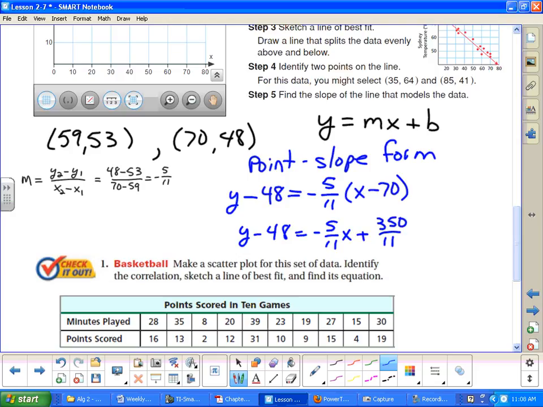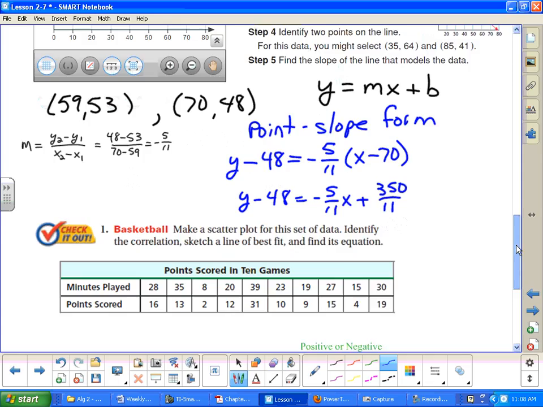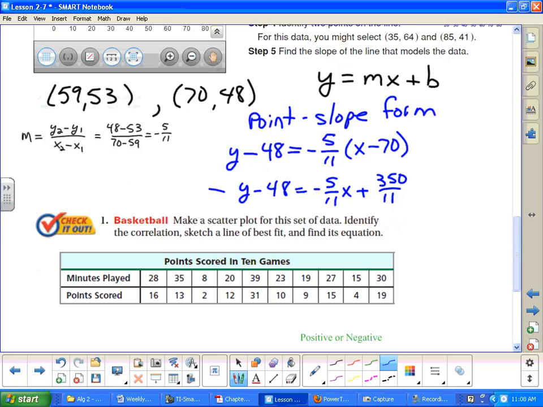Okay. So I'll take my work over here then. So we need to do what now? Okay, add 48 to both sides. So we get y equals negative 5/11 x plus, and our calculator will do that for us if we need to. We could do it by hand also if we needed to.